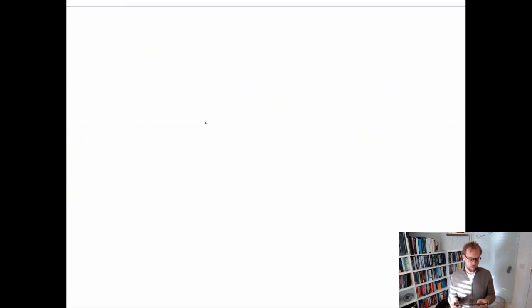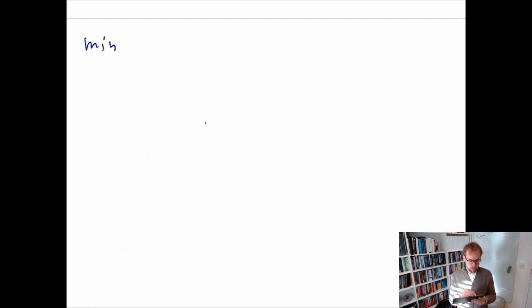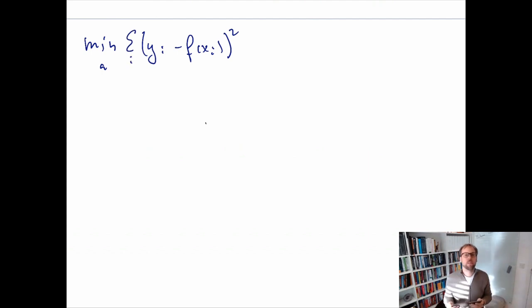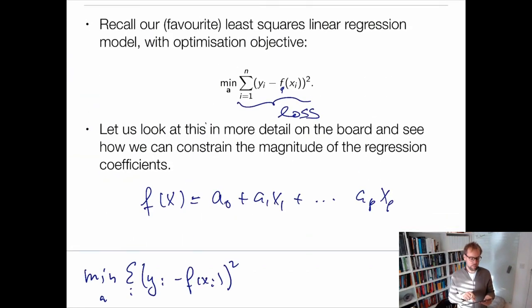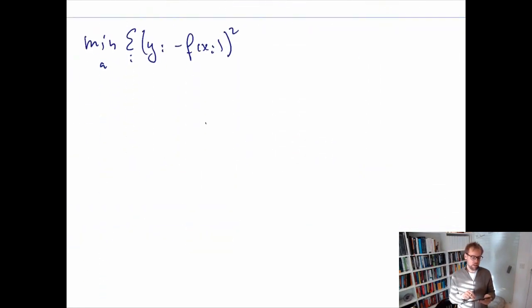We want to minimize over a the least squares loss: y_i minus f of x_i, squared, summed over all i. This is exactly what we had on the previous sheet.